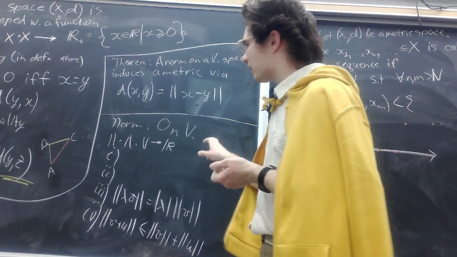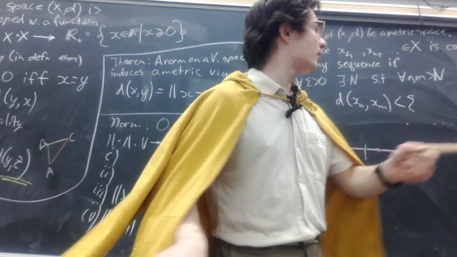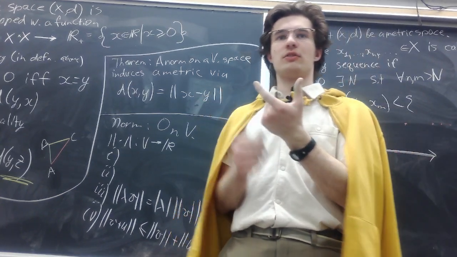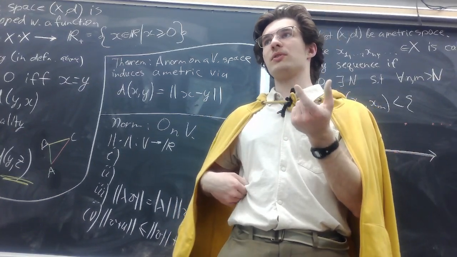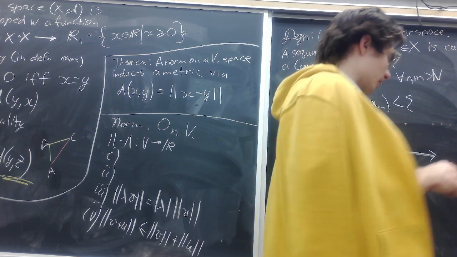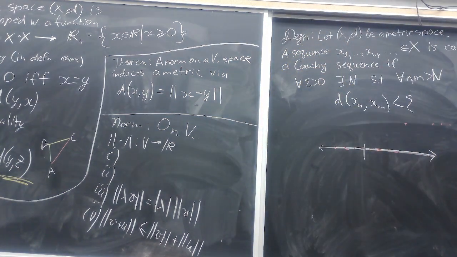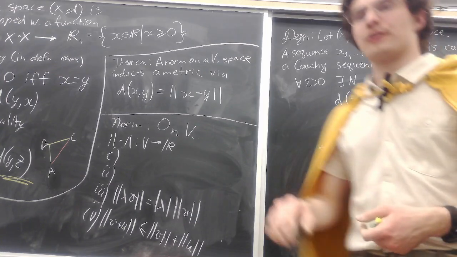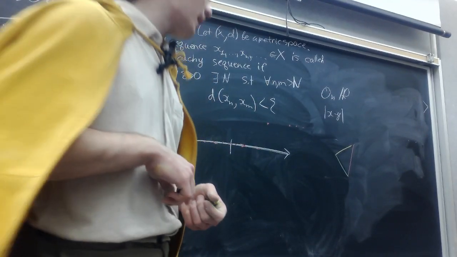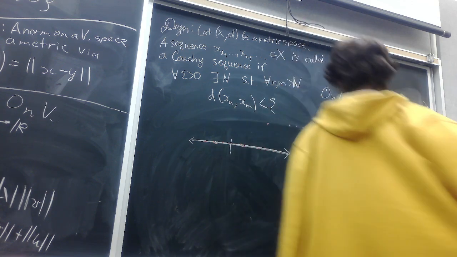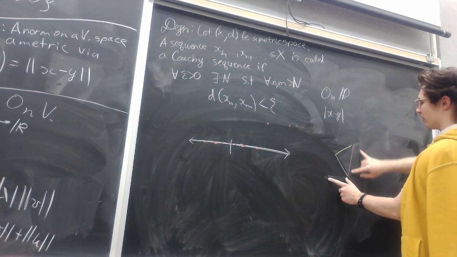Why is that the case? Because on a vector space, I could look at the distance between 2 vectors by saying the distance is their difference. In a vector space, you can quite literally think in terms of the diagram I drew before: the distance between this vector and this vector is this vector.